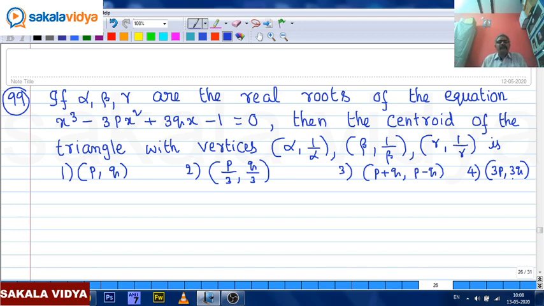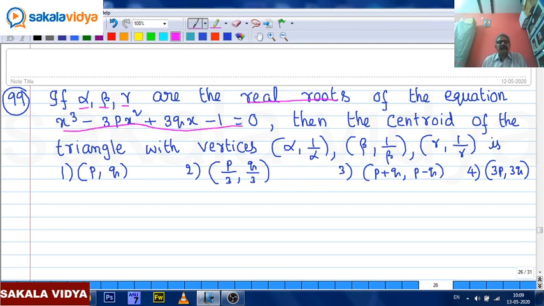Actually, this is the connection problem between theory of equations and coordinate geometry. Alpha, beta, gamma are the real roots of the equation.